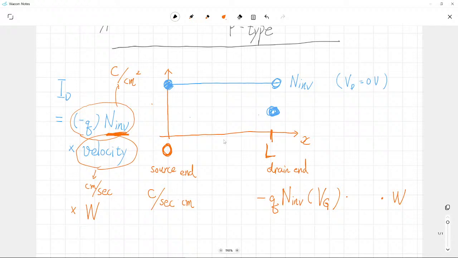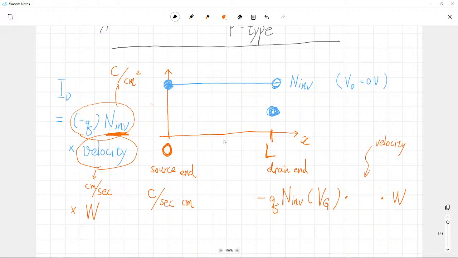Velocity is a vector quantity, so its amplitude, the speed, is required, and for this part we will just take the expression studied in our previous PN junction.